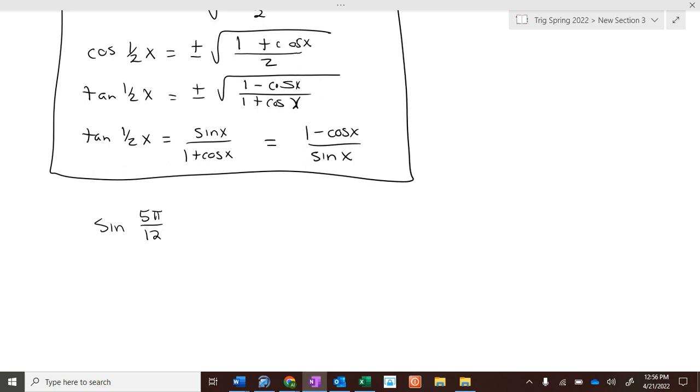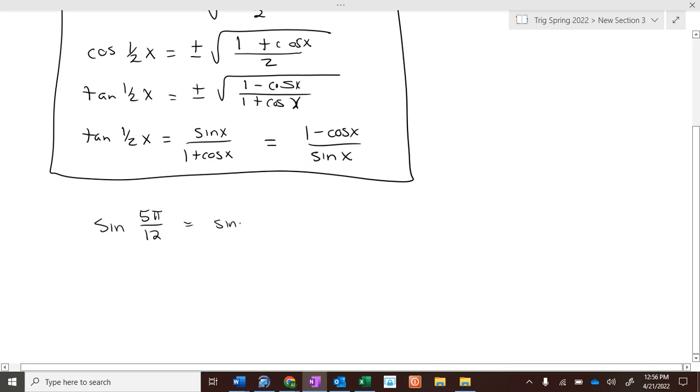Well, 5 pi over 12 is half of what? Half of what is 5 pi over 12? 10 pi over 12, which is 5 pi over 6, right? Because 5 pi over 6, if you take 2 times 6, is 12, okay? So now, where is 5 pi over 12?